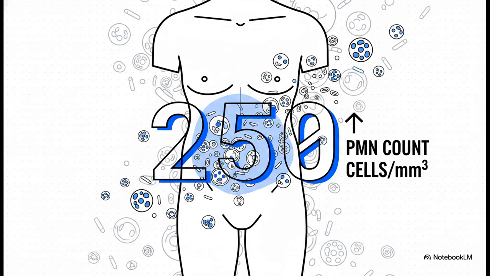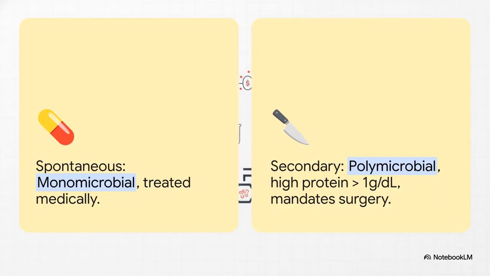Next, we establish the strict diagnostic mandate for spontaneous bacterial peritonitis, or SBP. The trigger for intervention is an absolute ascitic polymorphonuclear, or PMN, cell count of 250 per cubic millimeter or greater. We must strictly differentiate the infectious and biochemical signatures of SBP against secondary peritonitis.